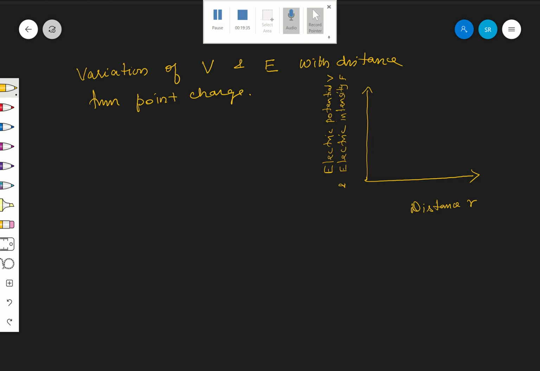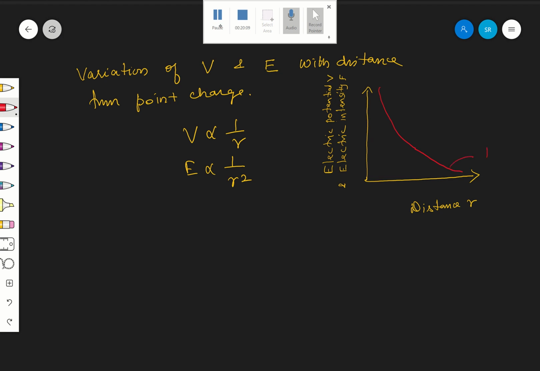Now how to plot? You know, just now we have seen V is proportional to 1 by R, or V is inversely proportional to R, right? And E is inversely proportional to R squared. Therefore, first I'll draw for E. This is E, for example.